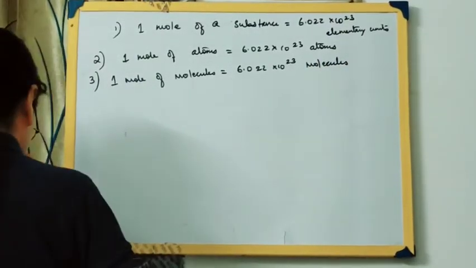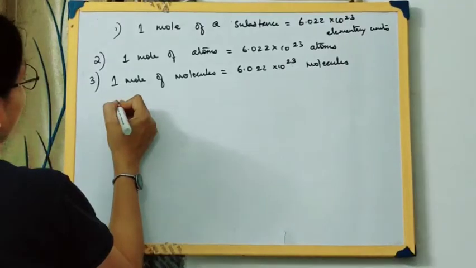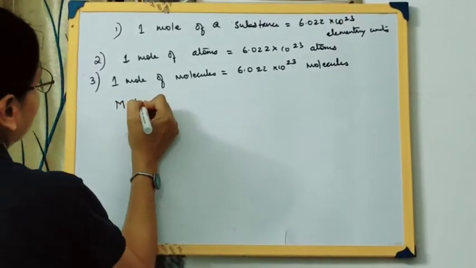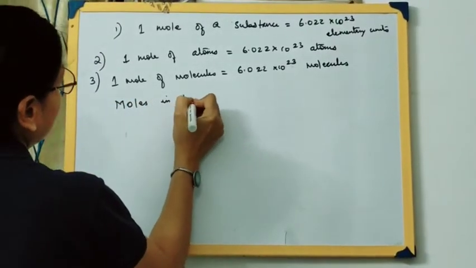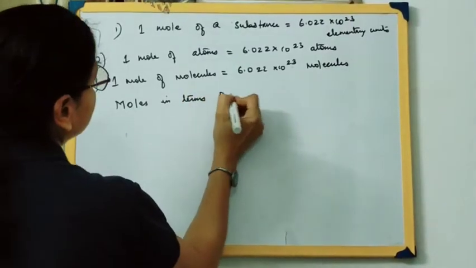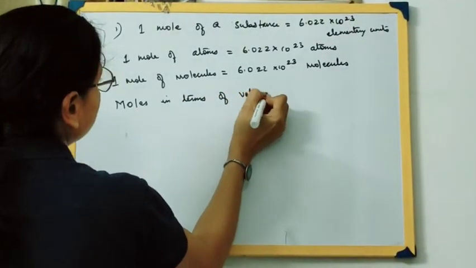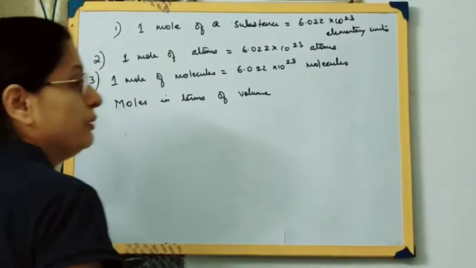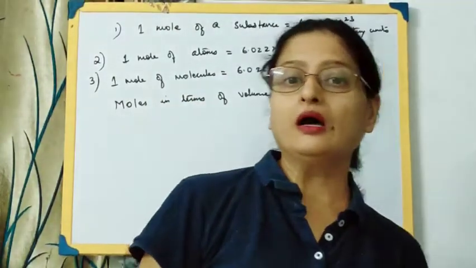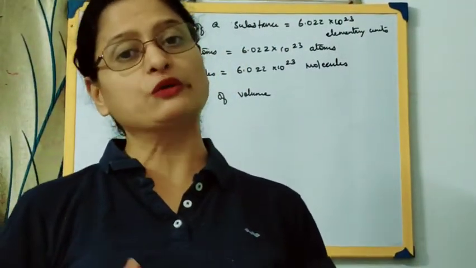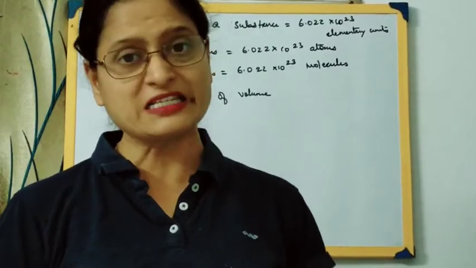Alright, next we have moles in terms of volume. We have studied the molar volume, if you remember. One molar volume is equal to 22.4 liters at STP.